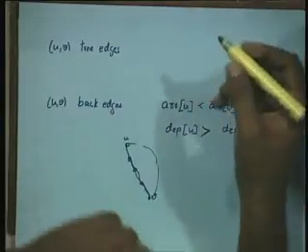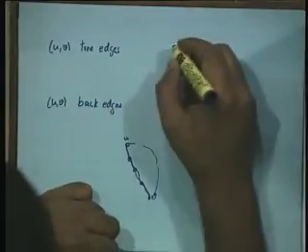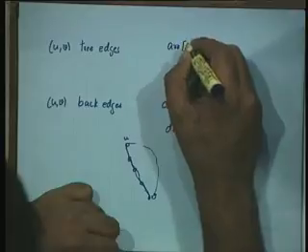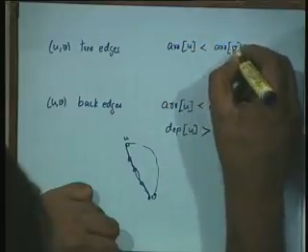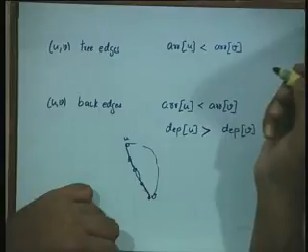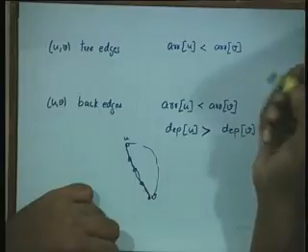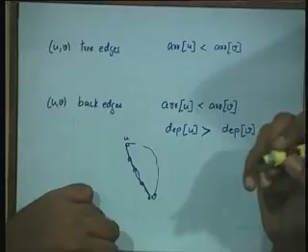What if uv is a tree edge? Would that make a difference? Suppose once again that arrival of u is before arrival of v. If arrival of u is before arrival of v, then u is a parent of v.